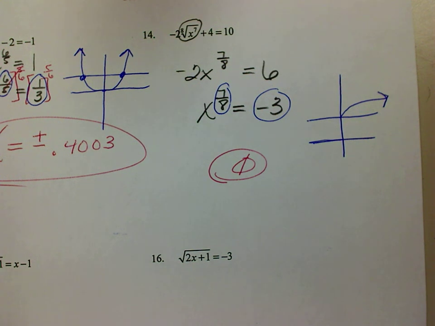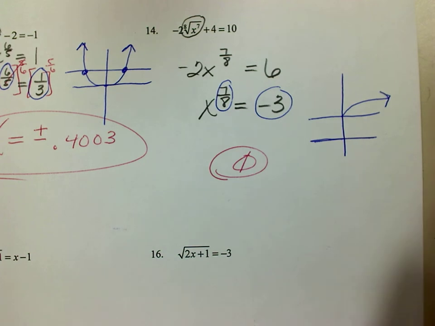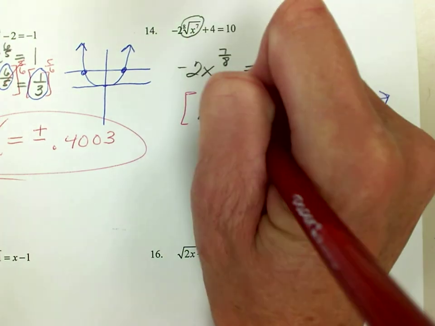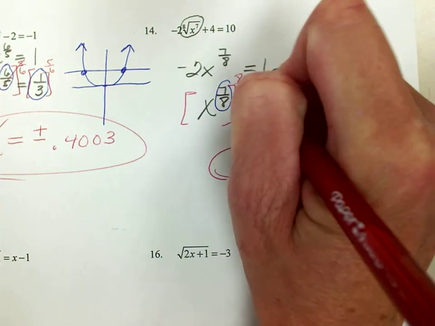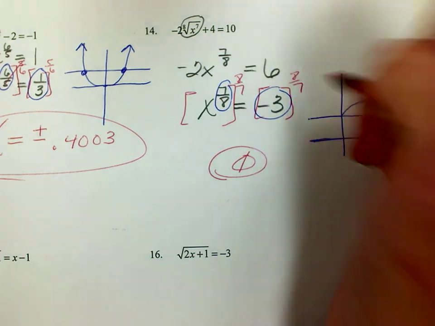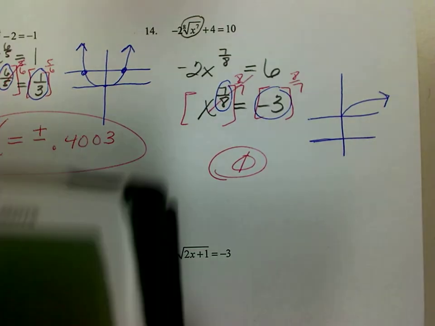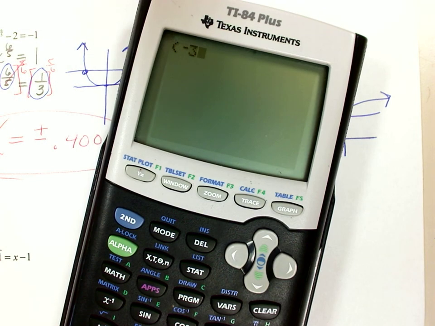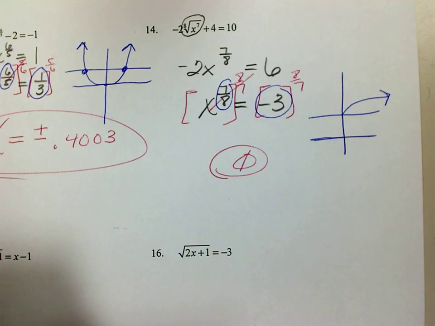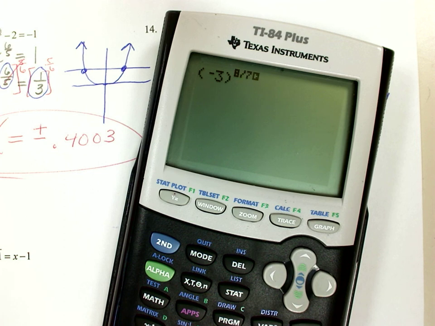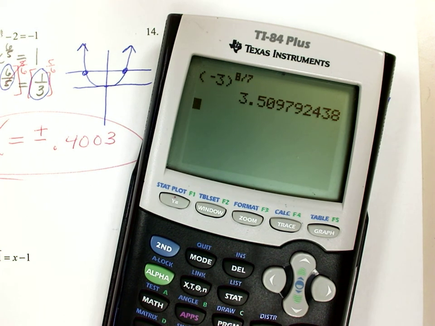Now, if I were to put this in my calculator, let's say we didn't sketch a graph. Let's say I just went ahead and did what I did on the others. If I put negative 3 to the 8/7 power, it actually gives me an answer.